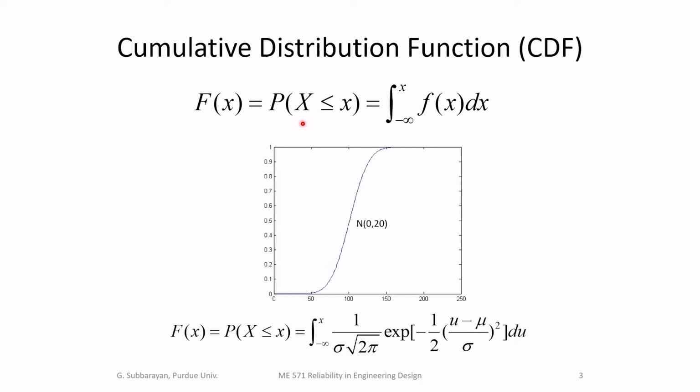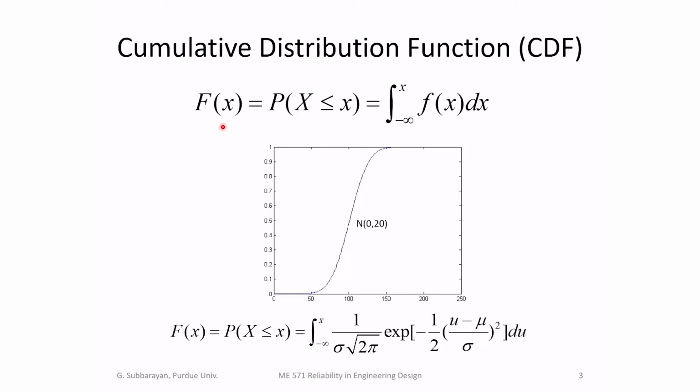So previously we had the probability that x would lie between a and b as being the integral going from a to b of the PDF. Now, instead of that, let's say we want the probability that the random variable would be less than a specific value x. Then the lower limit becomes minus infinity. And then what you get is what is called the cumulative distribution function.